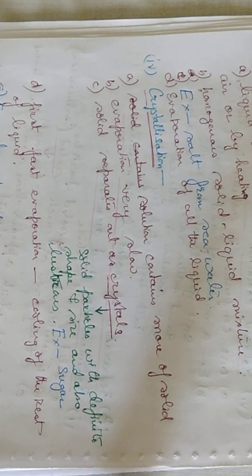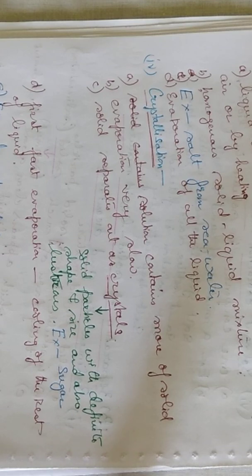The solid separates out as crystals, the solid particles with definite shape and size and also lustrous. For example, sugar cubes, we can see that they are in crystal form. So what are crystals? Crystals are solid particles with definite size and shape, and also they are lustrous, that is, they have a glazing look.